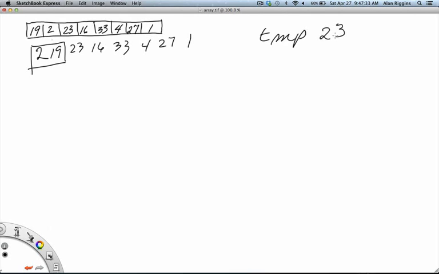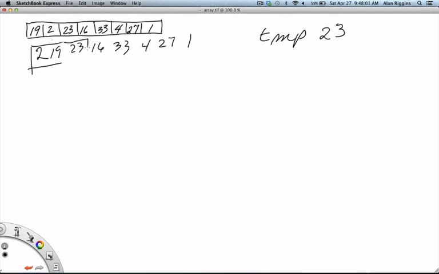And then the idea is we start shifting, and we move things over until we find the spot where the 23 goes, and we drop it in. Well, it is where it goes. There's no shifting necessary. So notice that with this algorithm, we did not examine all of the elements in either the sorted or unsorted part of the array at all. Rather, we examined one element and stopped.